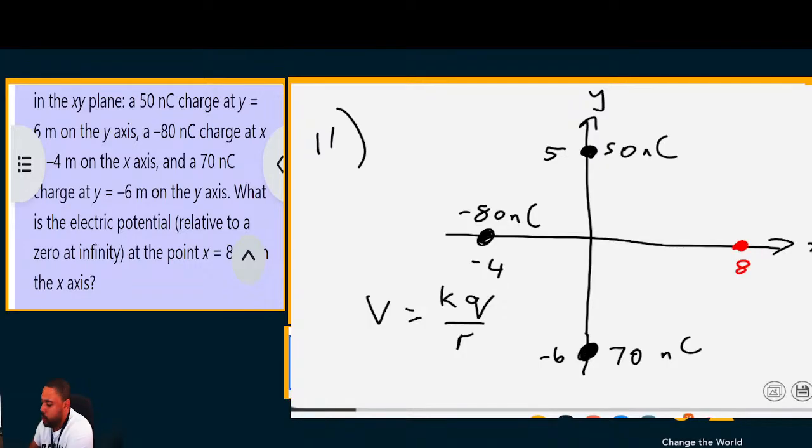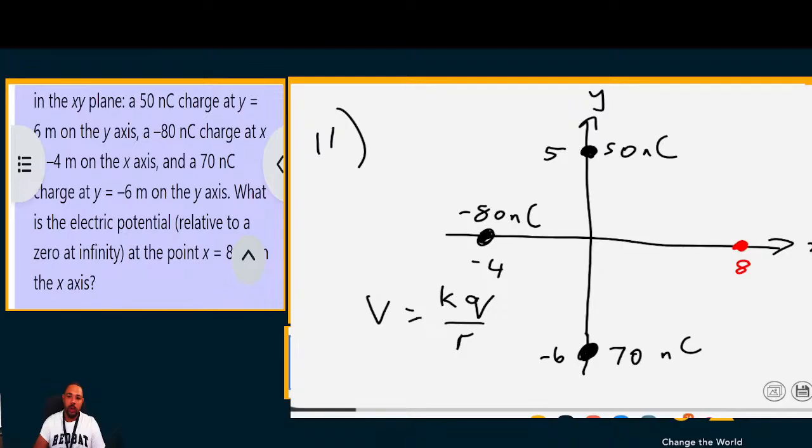This is what I told you earlier on, how you get it. So first of all, before we continue, we are going to need R, the distances between all of these charges and the point. So the 50 nanocoulomb is the first charge we put down. So let's calculate the distance between that charge and 8. Of course we are going to be using Pythagoras' theorem.